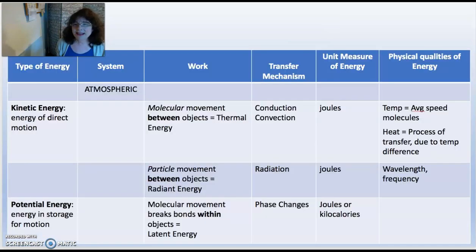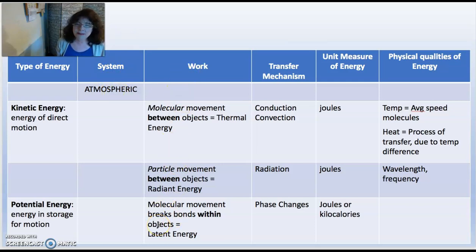Now, I can make this a little bit easier for you in terms of talking about the types of energy, kinetic and potential, in an atmospheric system, and the types of work that's being done.